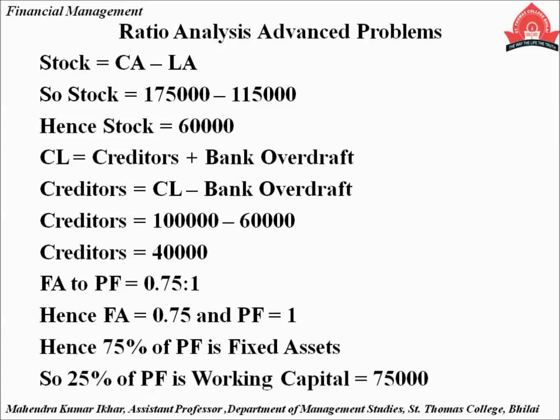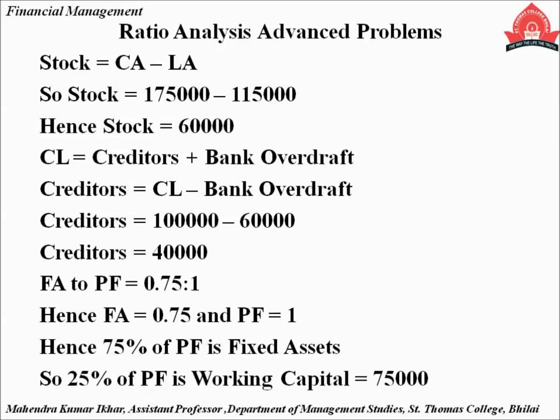Moving ahead, stock equals current assets minus liquid assets, that is 1,75,000 minus 1,15,000. Hence stock equals 60,000. The basic difference between current assets and liquid assets is that current assets include stock, whereas liquid assets do not include stock. So their difference is termed as stock.